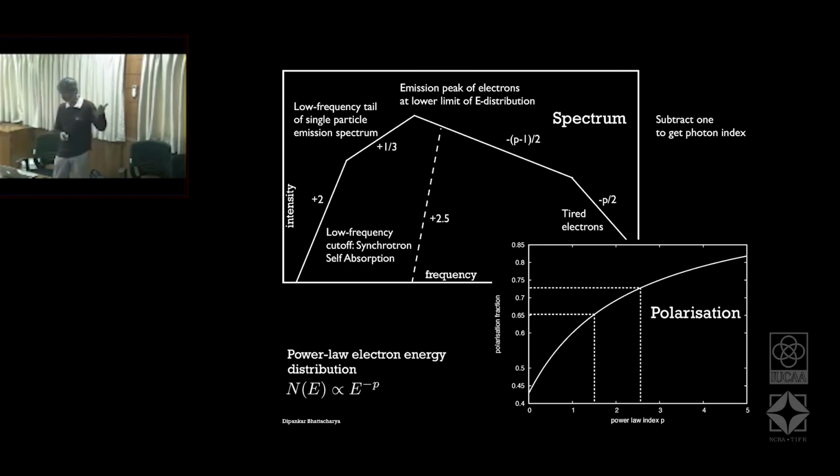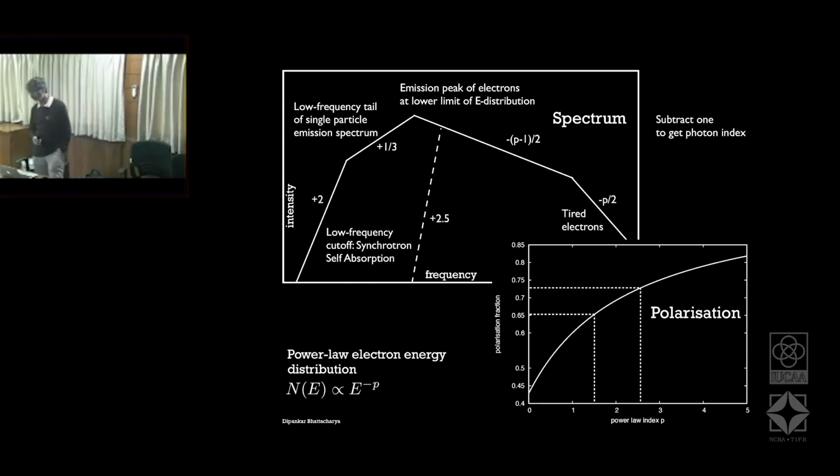I have only shown you the proportionality, but it's got factors in front which depend on the magnetic field, which depend on other local quantities. So those can be determined based on the spectrum here and the intensity here. And some of those factors are responsible for this as well. So when you combine both of these, then you can solve for more parameters of the system.